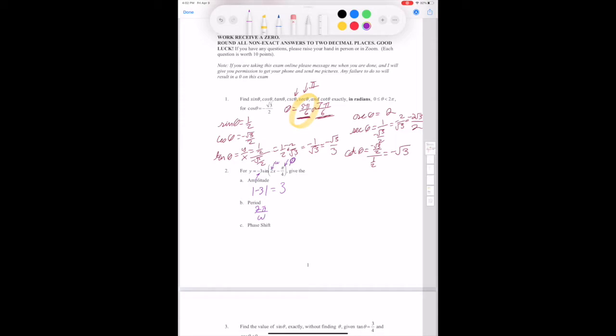That would be 2 pi divided by 2, which is pi. And then our phase shift is psi over omega, which is 2 pi over 4 over 2, which would be pi over 8. I didn't ask you to graph the equation in this case.